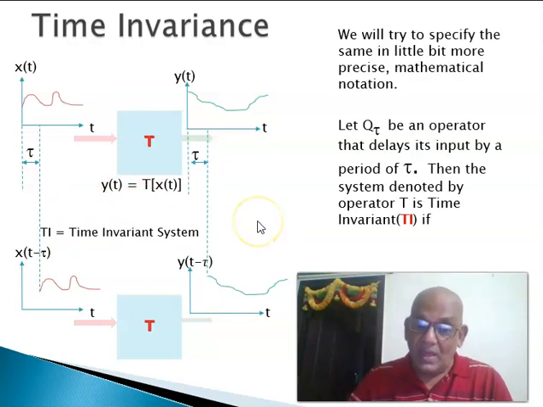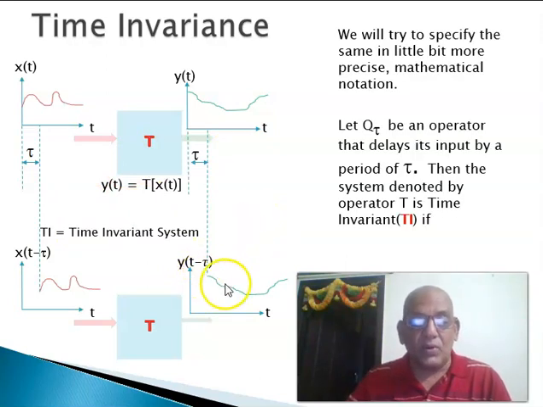If the output is a delayed version of this original output, then we say the system is a time invariant system. That is, if a delayed input gives the same output delayed by the same interval tau, then we call the system to be time invariant.